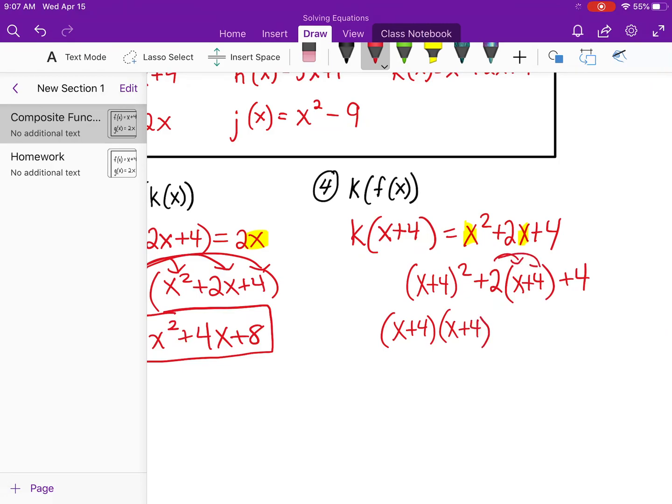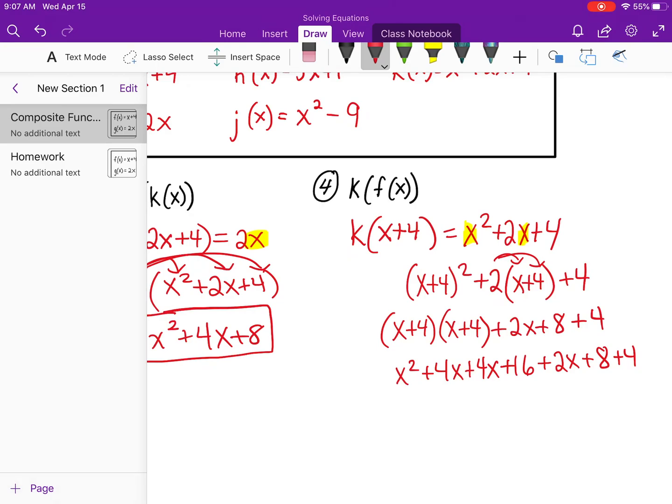Then you can distribute the 2, so that would make this plus 2x plus 8, and then carry down the plus 4. Now I still need to distribute the x plus 4 times x plus 4, so that would end up looking like this, x squared plus 4x plus 16 plus 2x plus 8 plus 4.